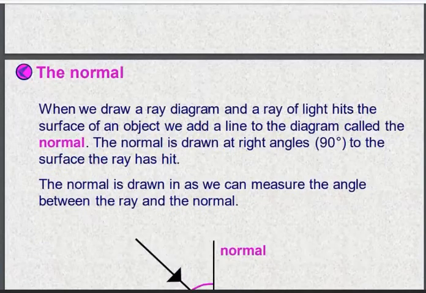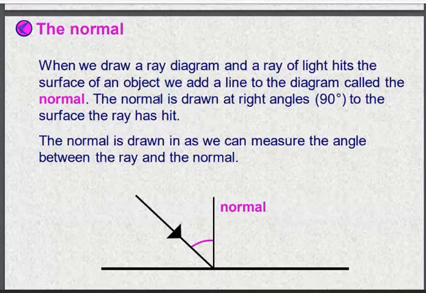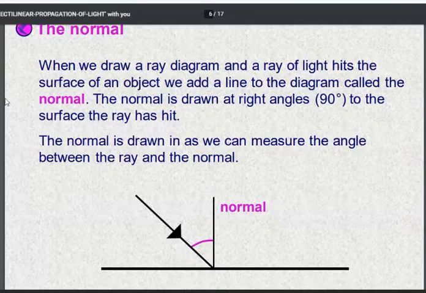Now, what is the normal? When we draw a ray diagram and a ray of light hits the surface of an object, we add a line to the diagram called the normal.